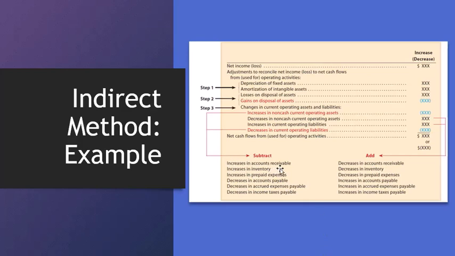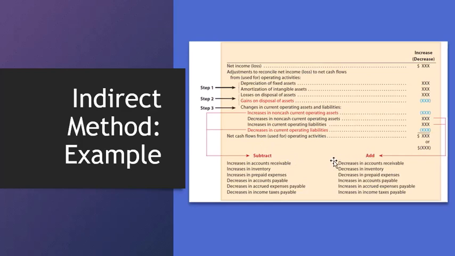Well, if accounts receivable increases, that means that fewer people have paid their bills to us. Fewer customers are paying us. If fewer customers pay us, does that have a positive or a negative effect on cash flow? Well, if fewer people are paying us, that's a negative, right? That's why it's subtracted, okay?